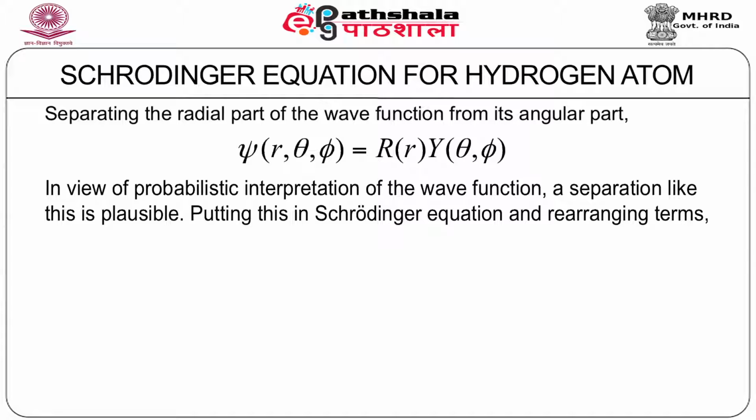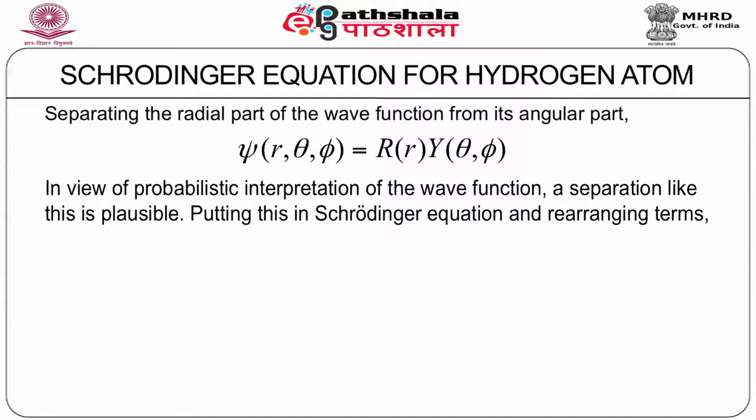It's a question of compound probability: the product of two probabilities gives you the probability of observing the electron at a distance r from the nucleus and also at a given point on the sphere, which is characterized by the two angles theta and phi.